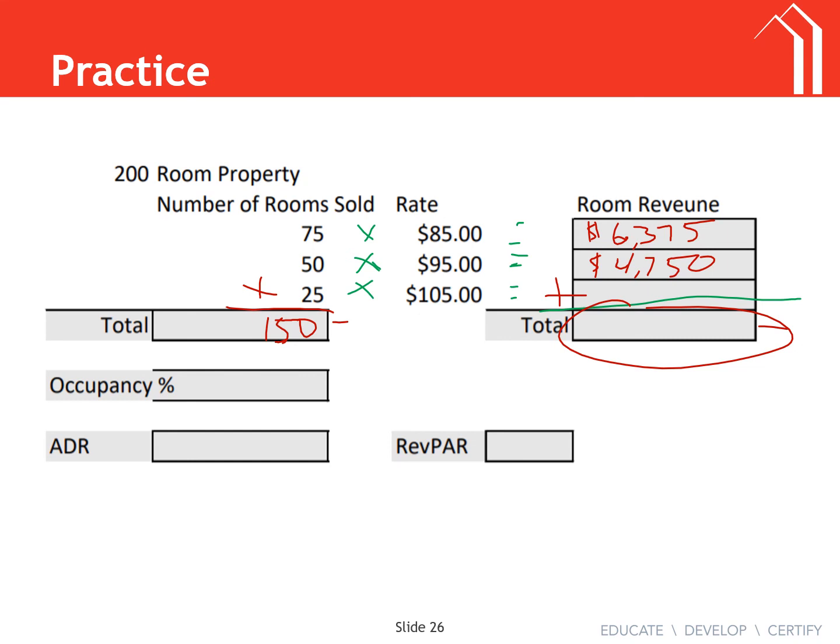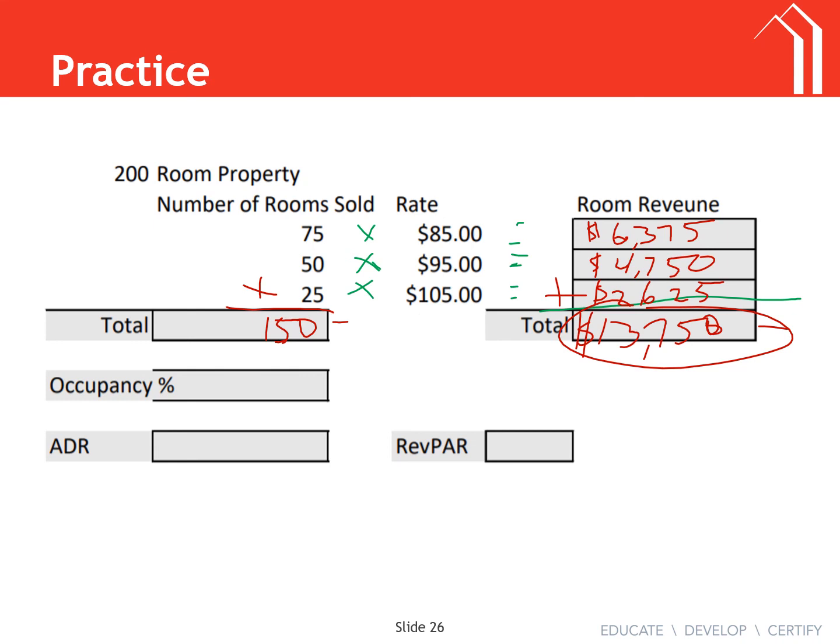And then the third one, 25 rooms at 105. Sandra? 2,625. Okay. So now we add all those together. We good so far? Michaela, what was our total revenue? 13,750. So we brought in a total of $13,750.